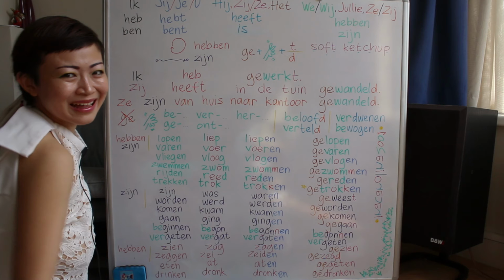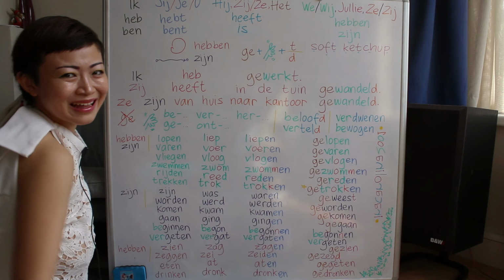And for these irregular words, we use zijn always. So these verbs always work with zijn. Zijn, was, waren, geweest. So this geweest always works with zijn, always works with ben.